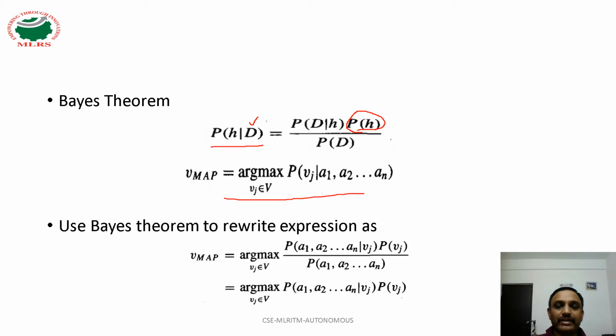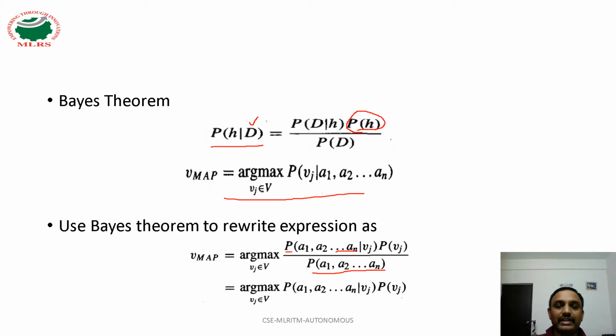By rewriting that, first we are taking the probability of attributes given target output, the probability of target output, and the probability of attributes. Here, the probability of the attribute tuple is a constant, so we are taking the denominator value as 1.